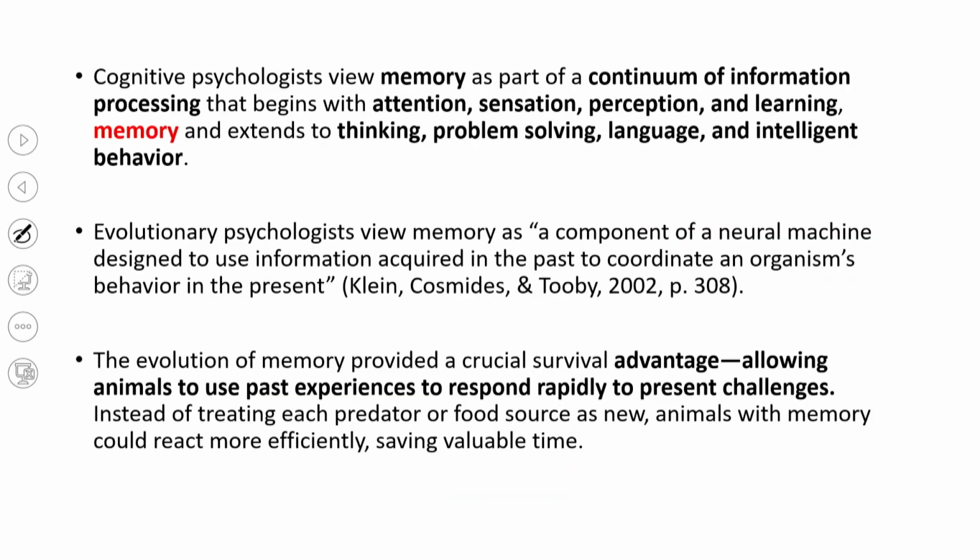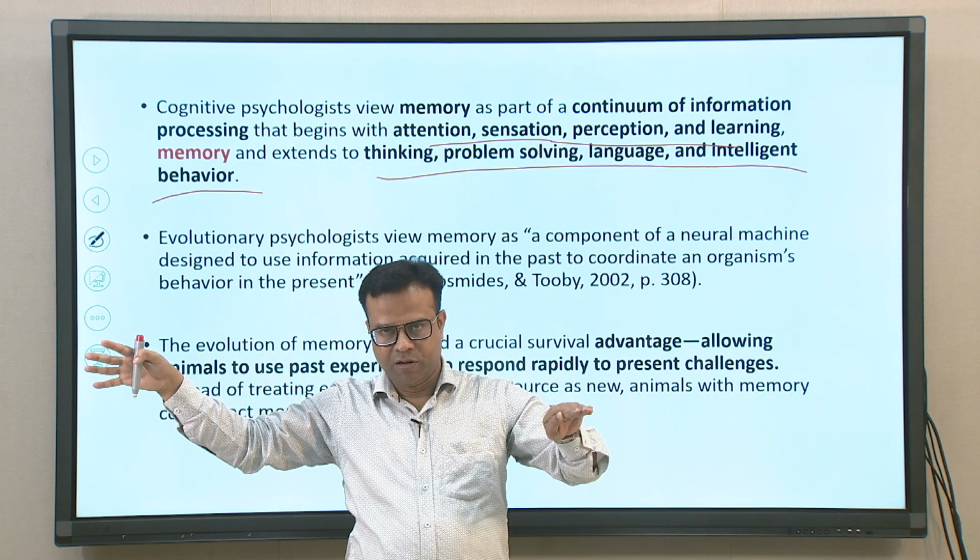Now, psychologists view memory as a part of a continuum of information processing. Our brain does different varieties of information processing, starting from attention, sensation, perception, learning, then comes memory, which then extends to thinking, problem solving, language, intelligent behavior, decision making and so on. So, the brain does multiple functions, from very simple to very complex processing.